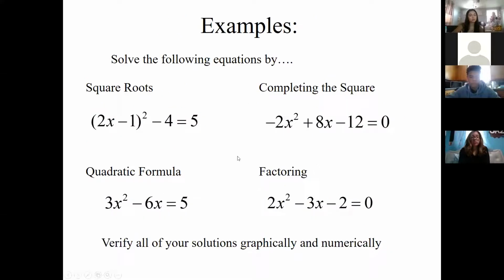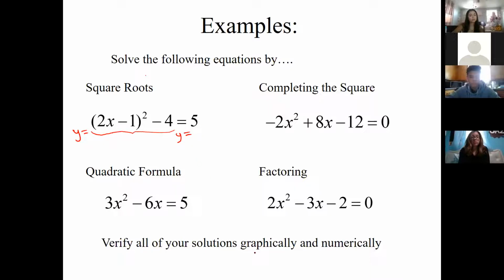So now we get to review how to solve equations using all 4 different methods. You should know how to solve using square roots, how to solve by completing the square, how to solve with the quadratic formula, and how to solve by factoring. And when I say related equations, you could graph this, and then you could graph y equals 5.